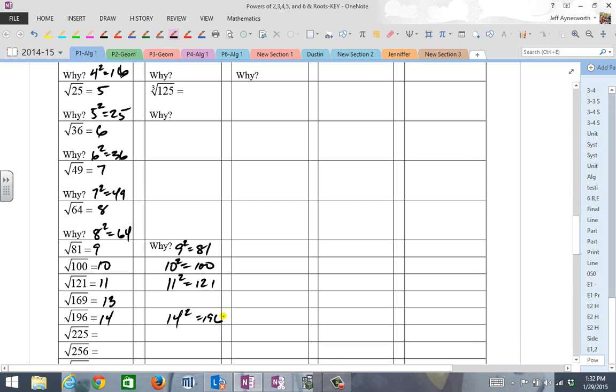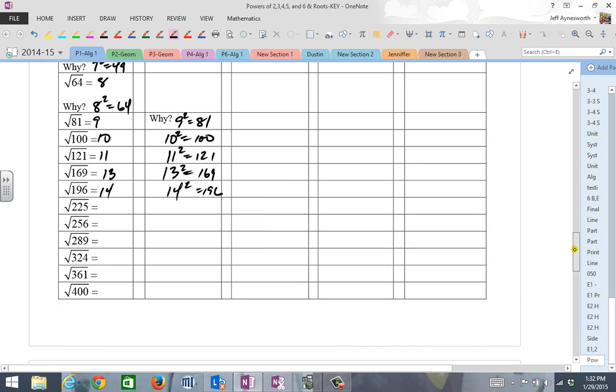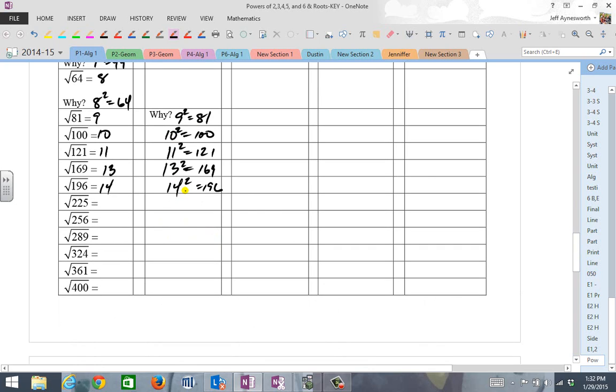If you know your squares, you know your roots. The square root of 225 is 15. Why? 15 squared is 225. Square root of 256 is 16. Why? Because 16 squared is 256.